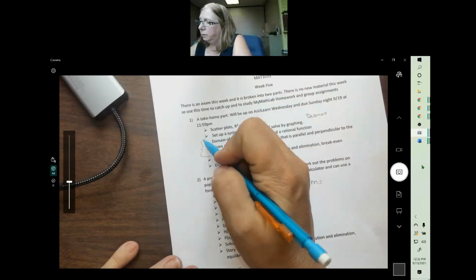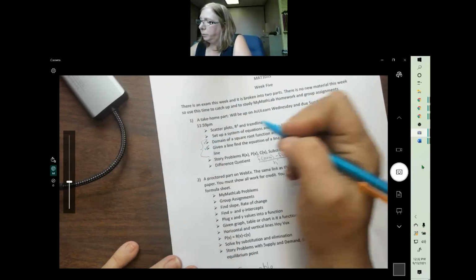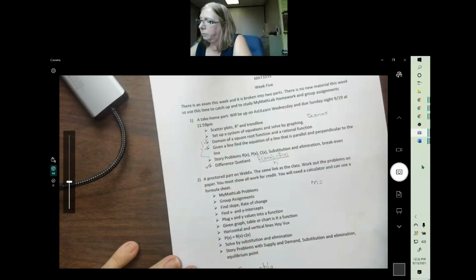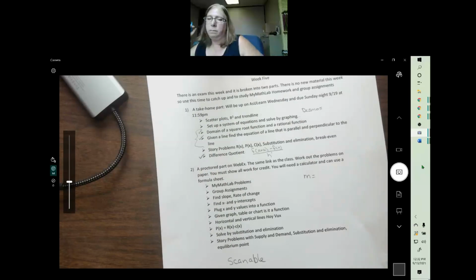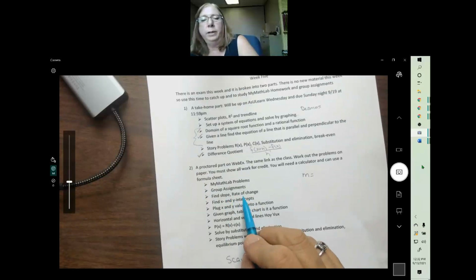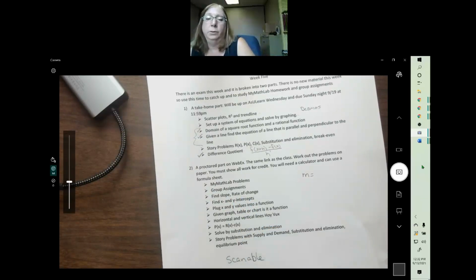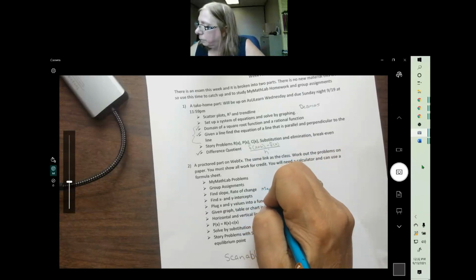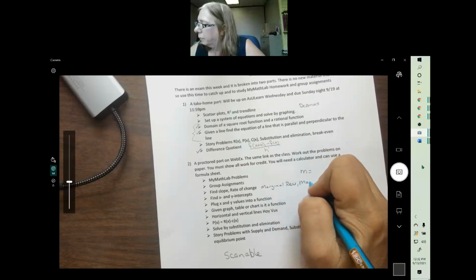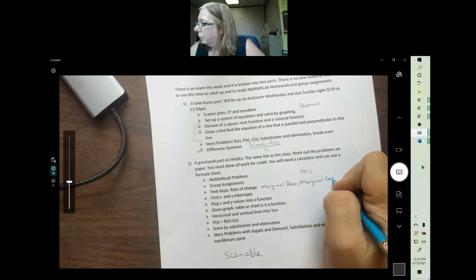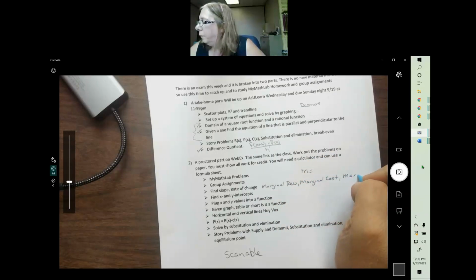So we did domain, we did parallel perpendicular, we did the difference quotient. You want to make sure you know that slope and rate of change is the same thing. And it's also marginal profit, marginal cost, when you have a straight line.